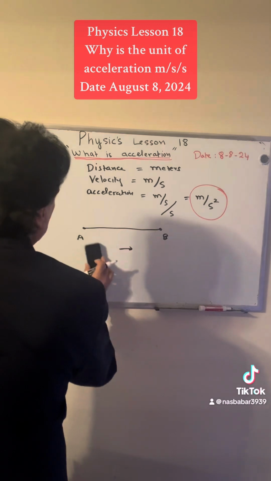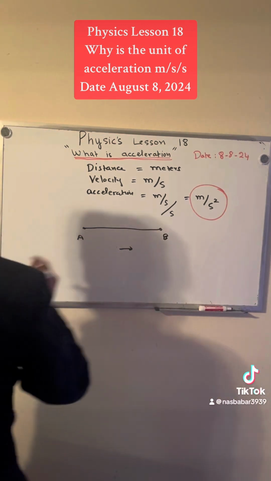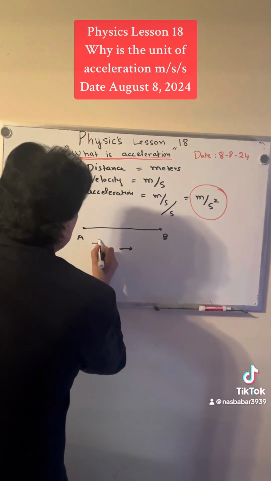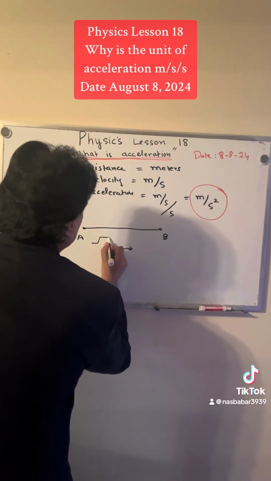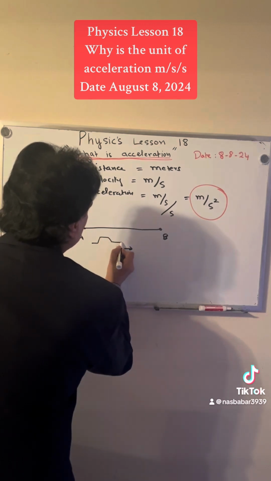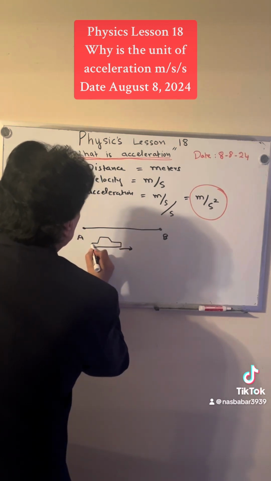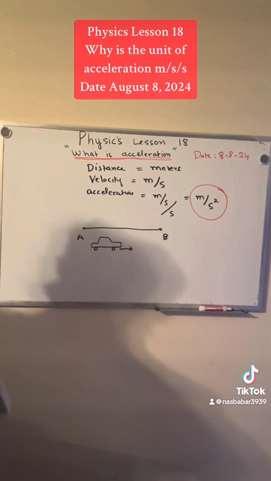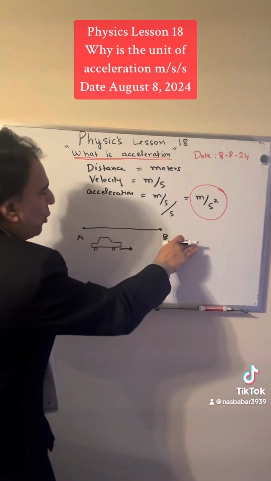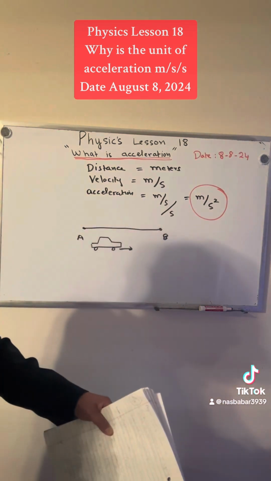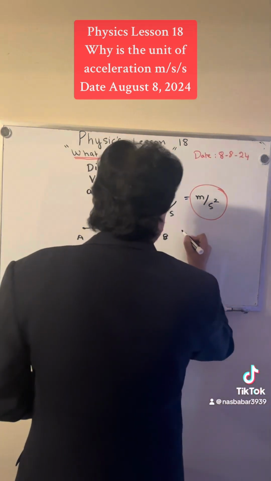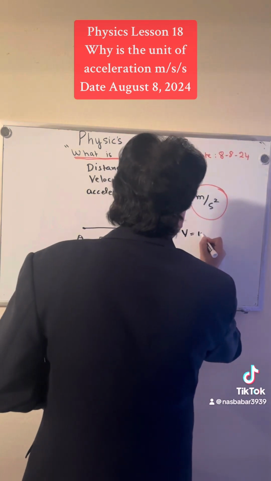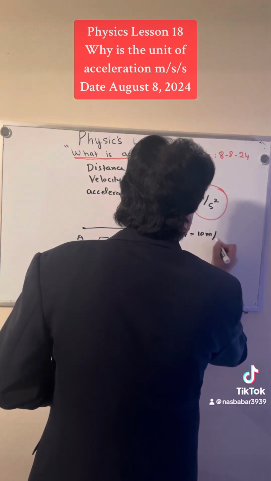I don't know if this symbolizes a car. So let's say you have something like this. Okay, that's better. You're going in this direction at, let's say, 10 meters per second. You have this vehicle which is going 10 meters per second towards point B. So what is the velocity? Velocity I can safely write and say it's 10 meters per second.